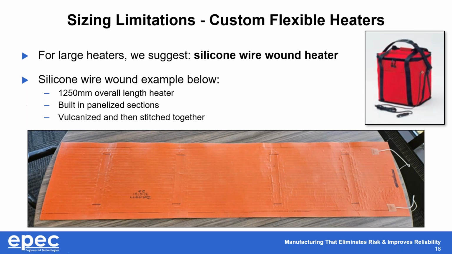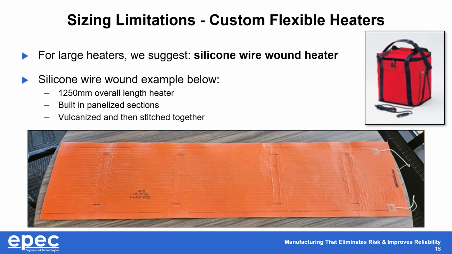So now that we've talked a little bit about the smallest heaters that we can make, here's an example of an extremely large heater that we've made. This one here is well over 1 meter in overall length, but it wasn't built as one heater. It was actually built as 4 or 5 separate heaters that were all stitched and soldered together.